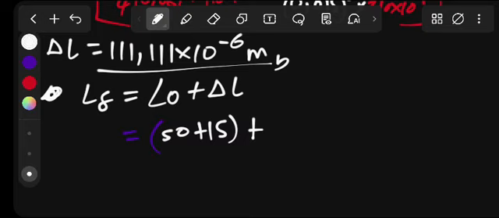Now the extension is in meters, so let us multiply by 1000 so that it will be in millimeters.